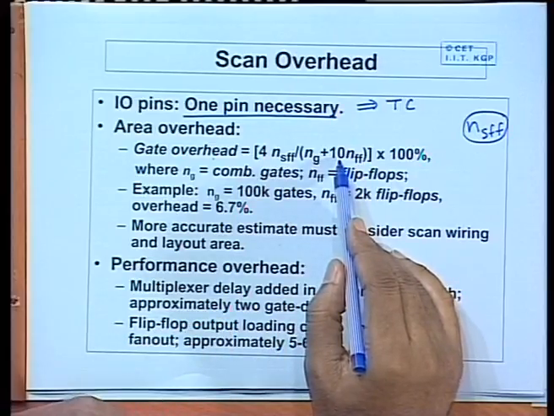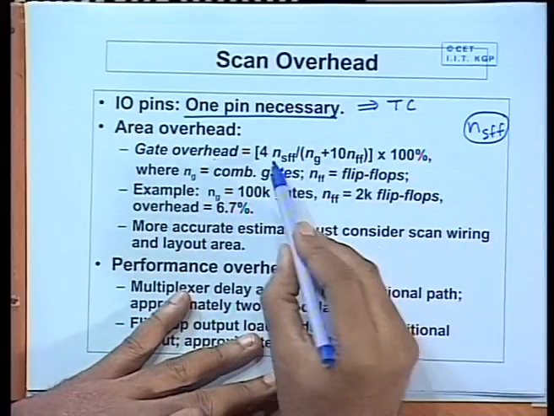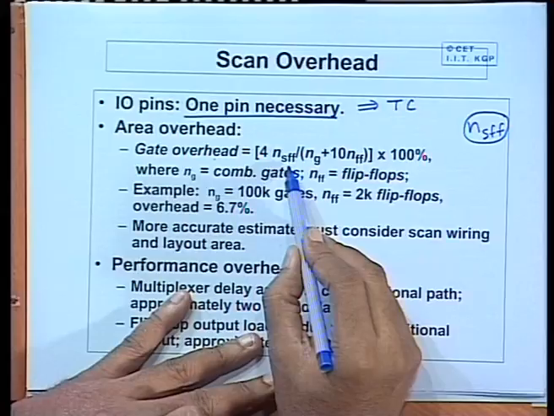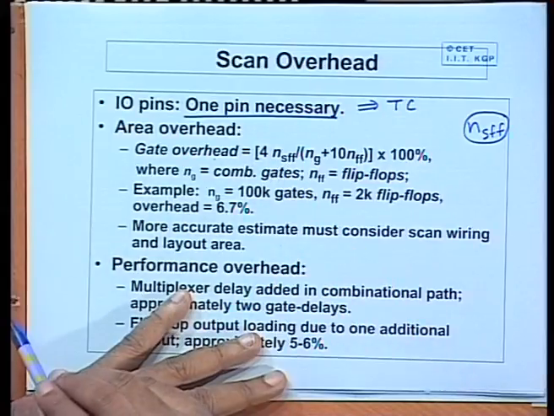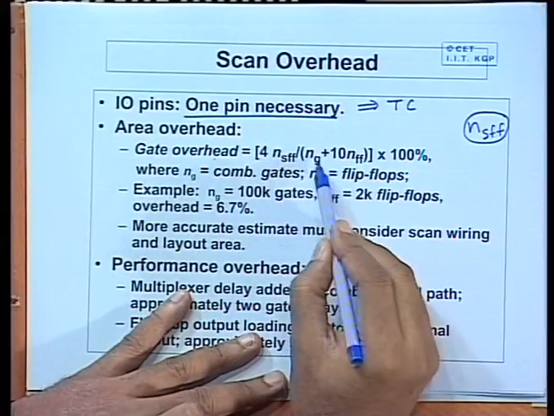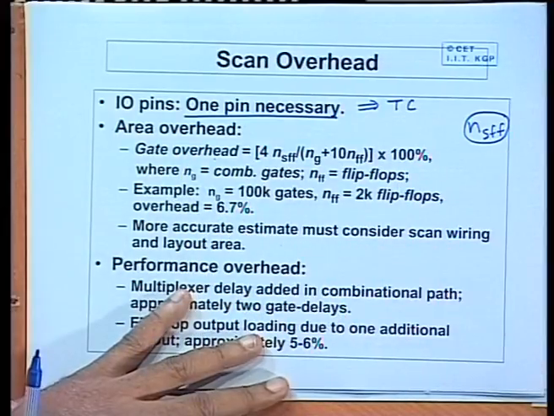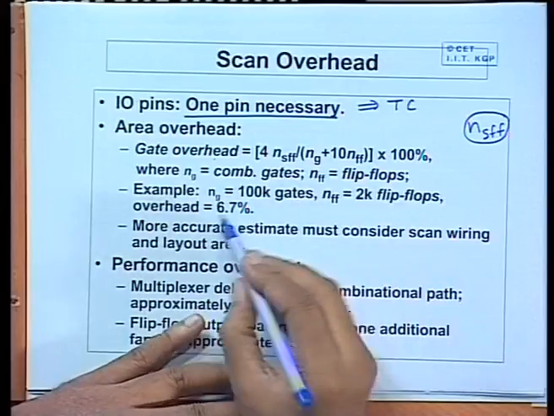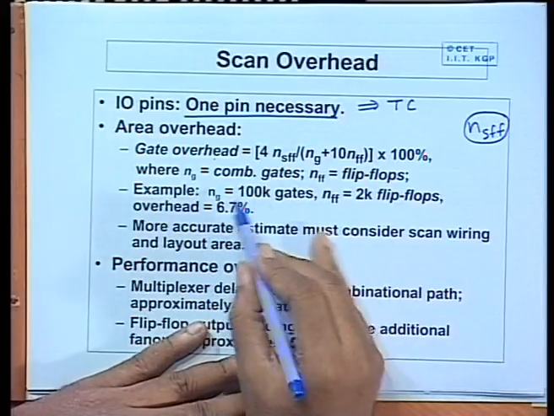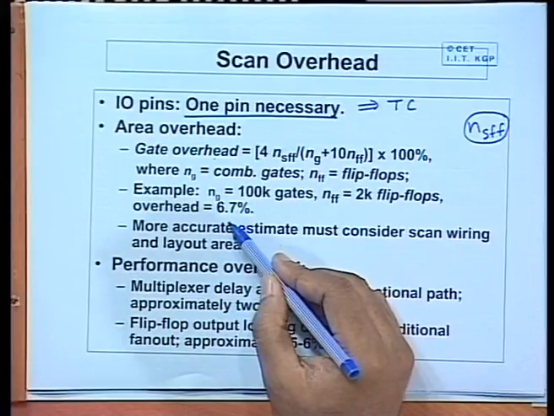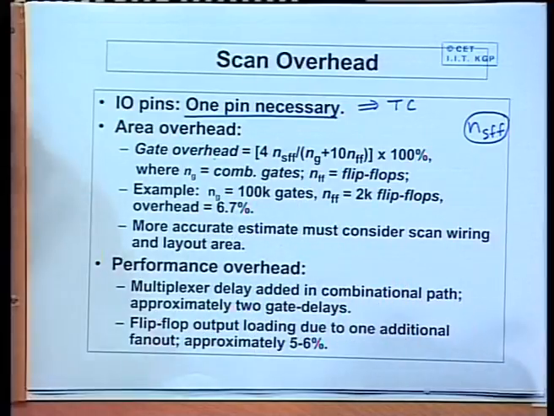But now after converting into scan flip flops, you need 4 into NSFF this many additional gates. Each flip flop requires 4 gates. So, taken as a percentage, this can be defined as the gate overhead. Just as an example, if you have 100k gates in the combinational logic and 2k flip flops, then the overhead comes to around 6.7%.